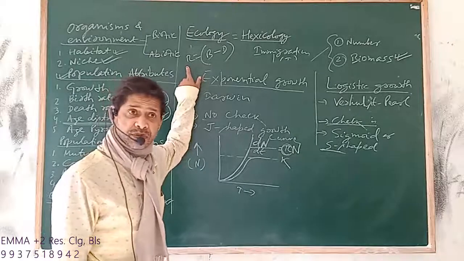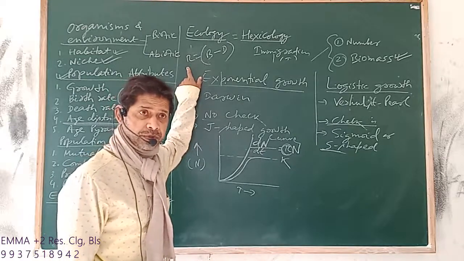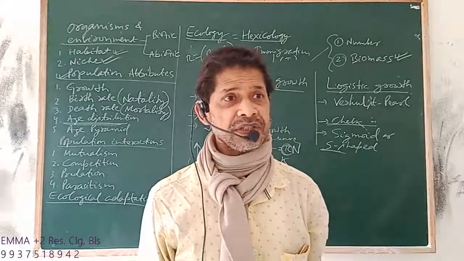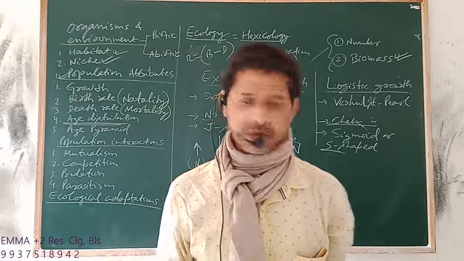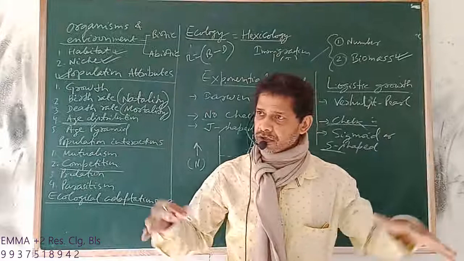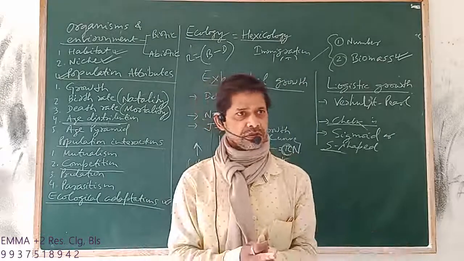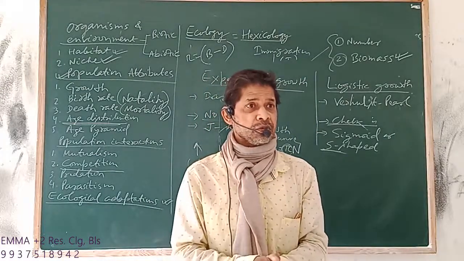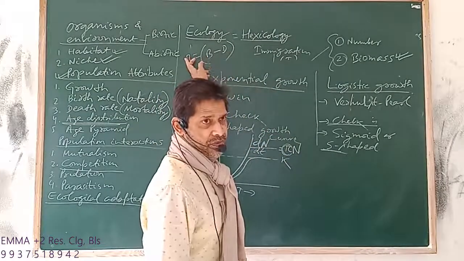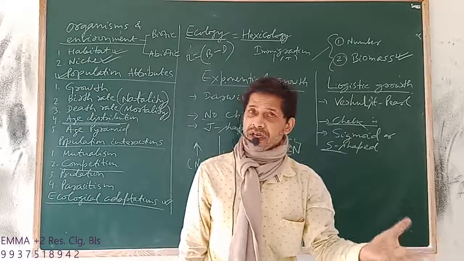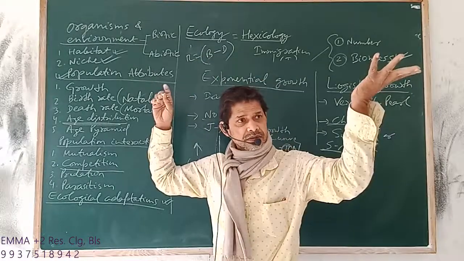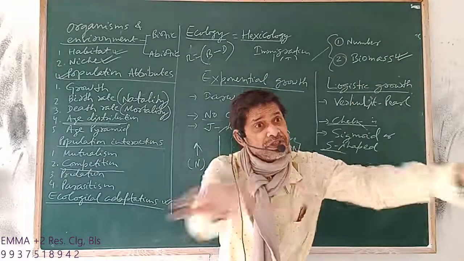Very interesting point you have to remember. If two populations living in a community, which one is competitively superior? Competition, na? Both populations, they are competing for the same natural resource. So during competition, we will calculate birth minus death means R value. The population whose R value is more means its death is less, birth more, means that individual adopting successfully.